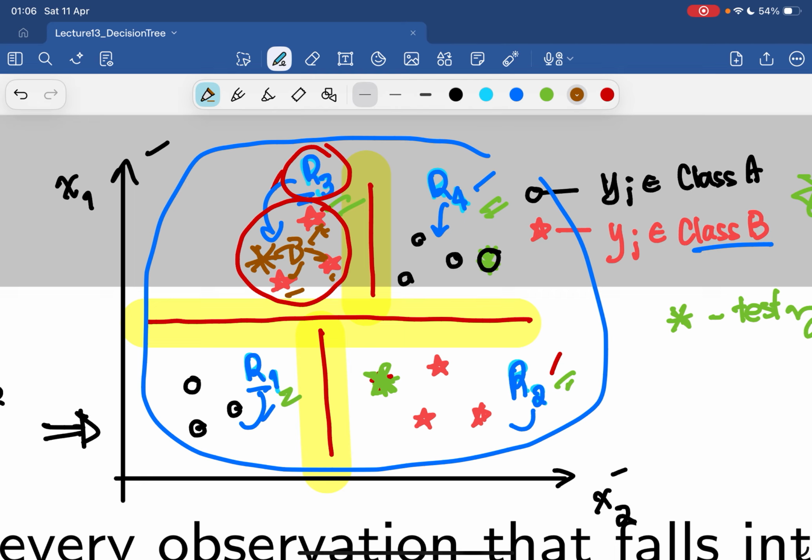So in a way, we want to define purity to define whether or not that region contains data points from the same class. It could be either class A or class B or more.